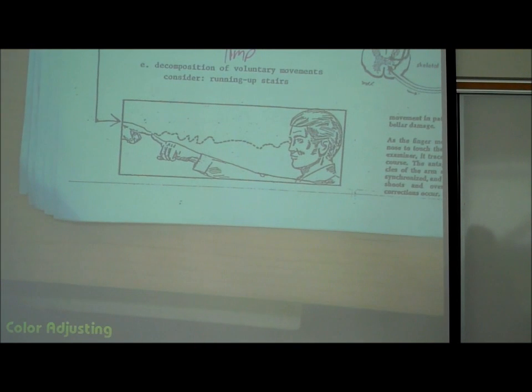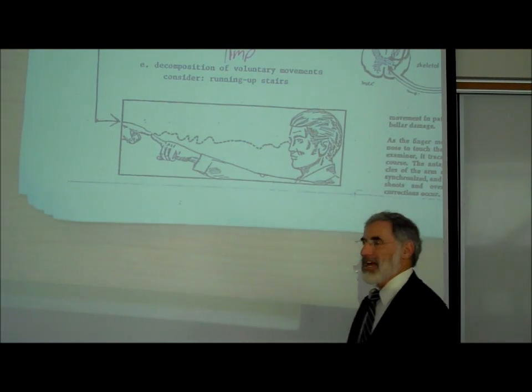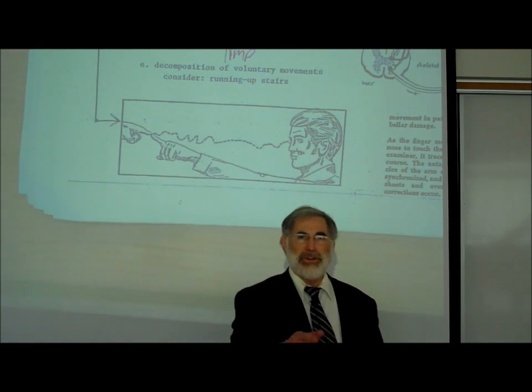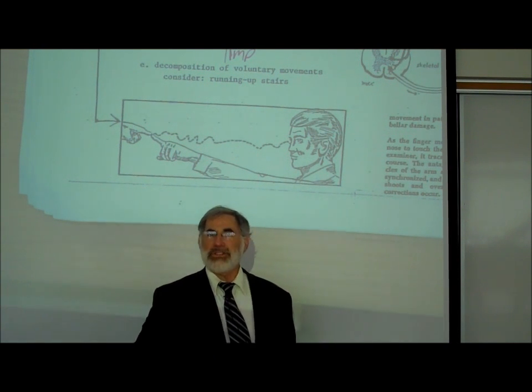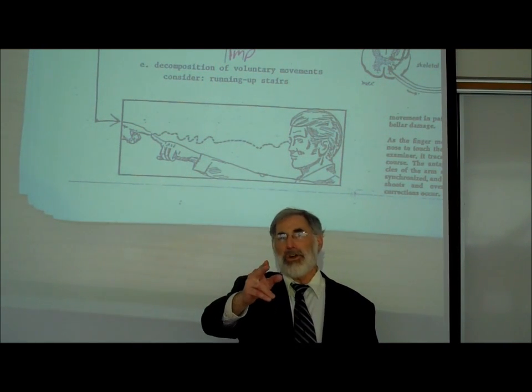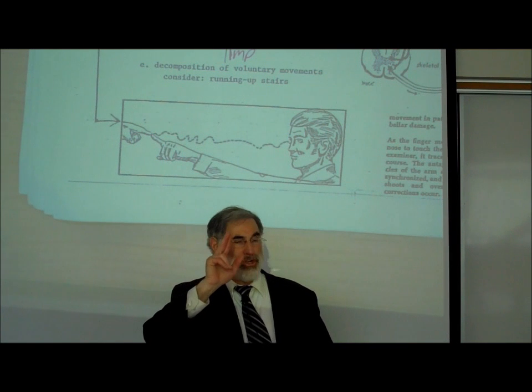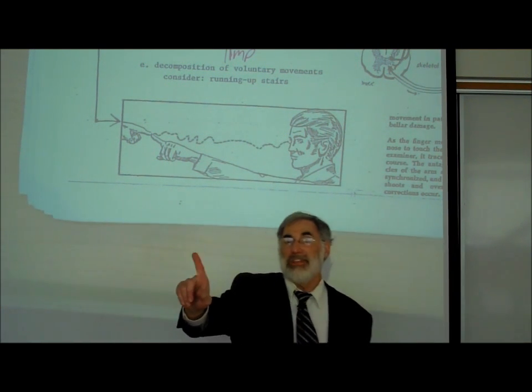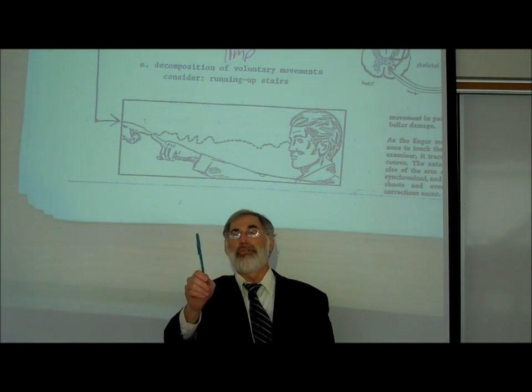Perhaps you've had a physical examination at one time or another, and the doctor might have asked you to take your finger and touch the doctor's moving finger or a moving pen.